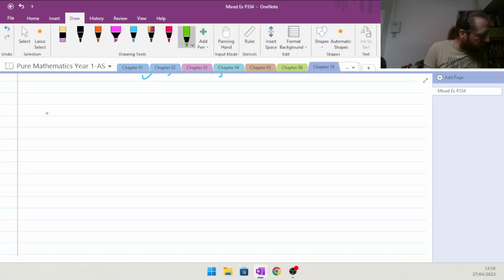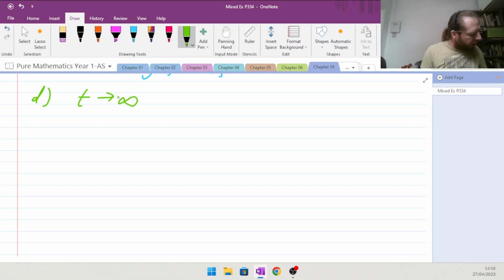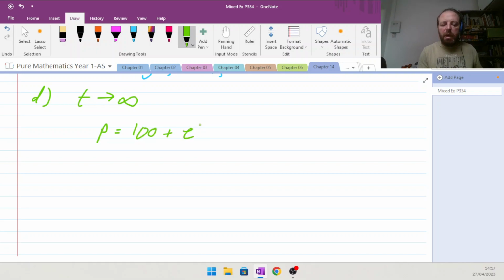Okay, that was C. Now D. Find its price as t tends to infinity. So P will equal 100 plus 850 e to the minus infinity over 2.